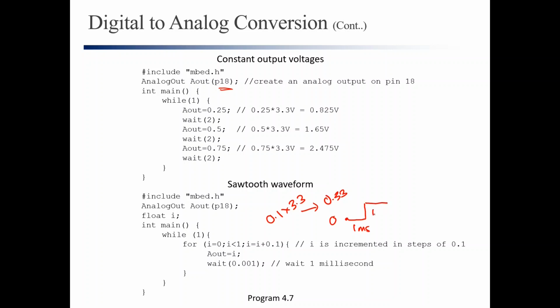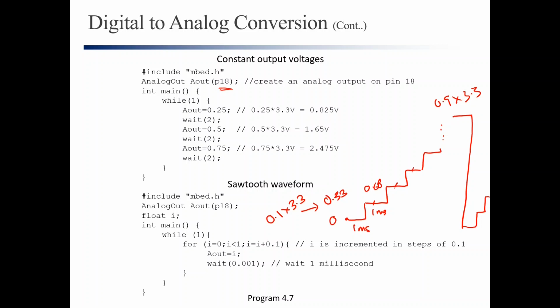After another 1 millisecond, you will have 0.66, and so on, 0.1, 0.2, 0.3, until you have 0.9 multiplied by 3.3, and it will go down and start again.